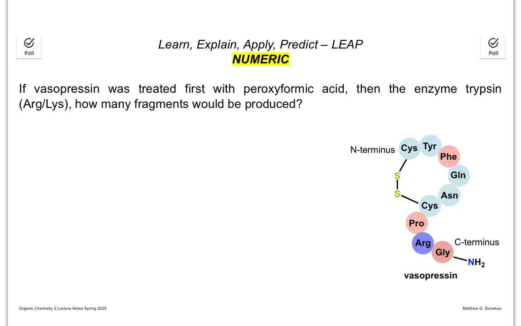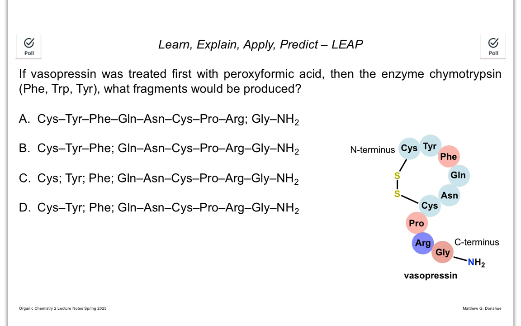So where is it cleaving? What are the fragments that are formed? In another example, if you first treat with peroxyformic acid, then chymotrypsin, what fragments are then formed from that? So you'll notice that these will be different fragments because the chymotrypsin's acting on different amino acids.